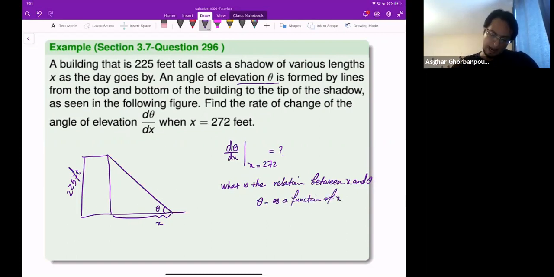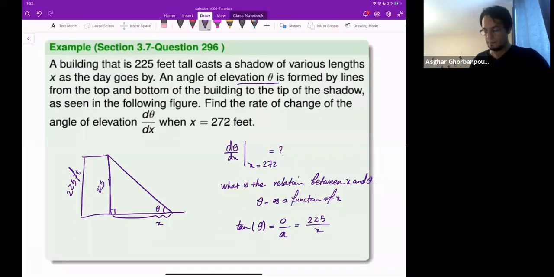Here, since I have the vertical length 225, and I have a right triangle, and the adjacent and opposite sides for theta are given, then I know that tan of theta is opposite over adjacent, which gives me 225 over x.